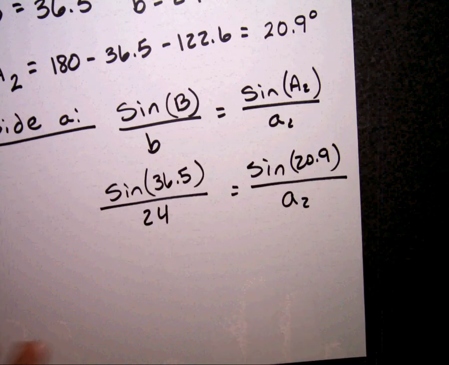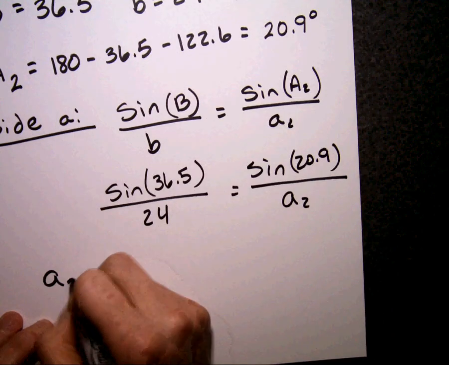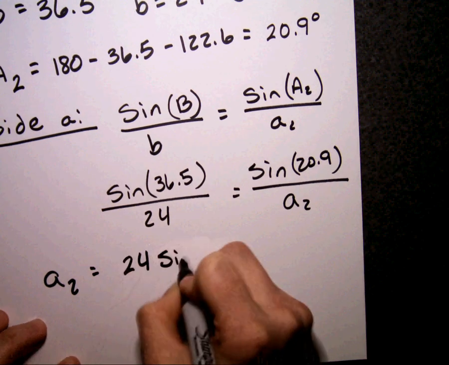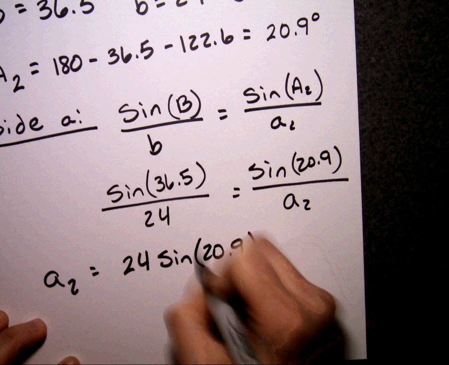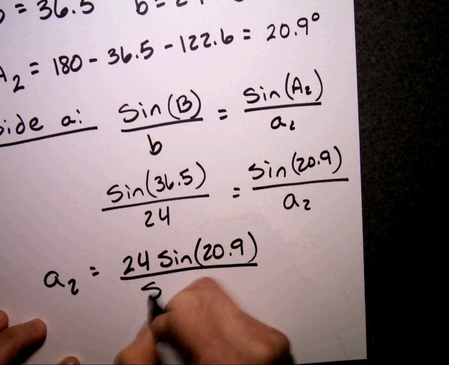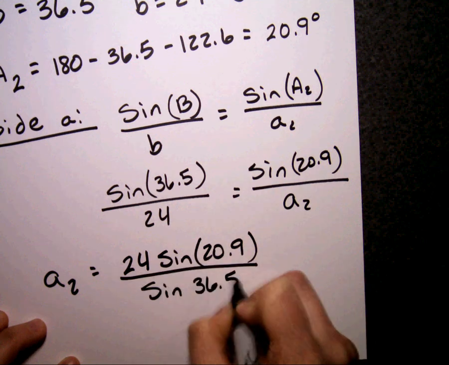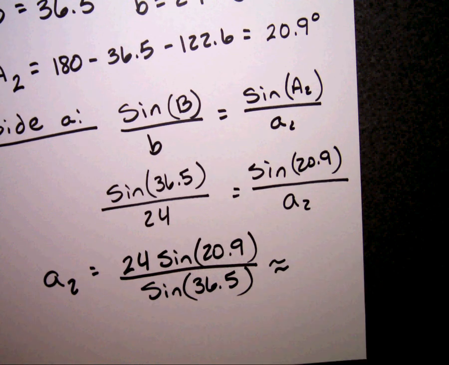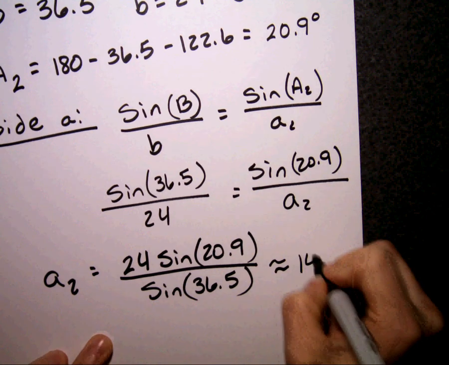So again, cross multiply, divide, I get A sub 2 is equal to 24 sine of 20.9 divided by sine of 36.5, which putting in my calculator, I get 14.4.